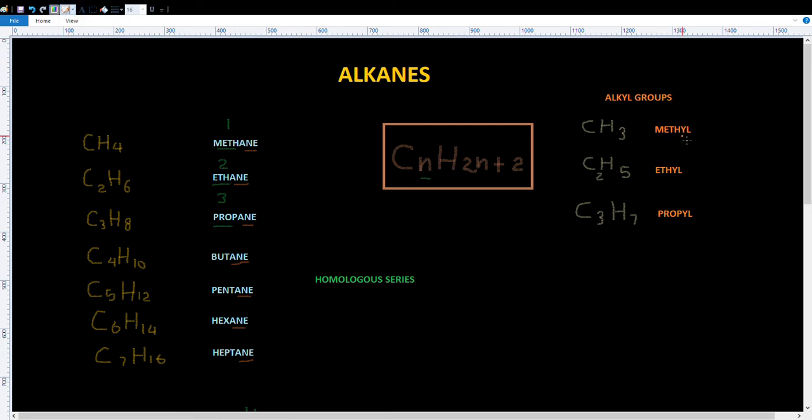This ends with the suffix YL. Another important thing is this can only be seen in these first three. That means if we remove H atoms only from these three, we obtain these, and these are the only three alkyl groups which can be formed from these. So we can't obtain alkyl groups from these, right? I hope you get what I said.